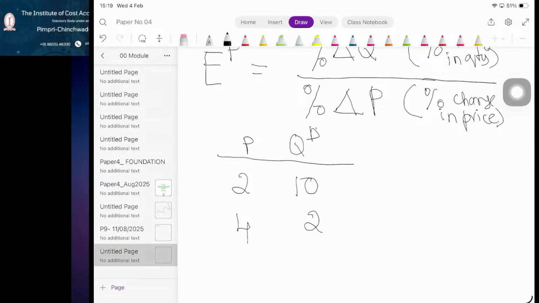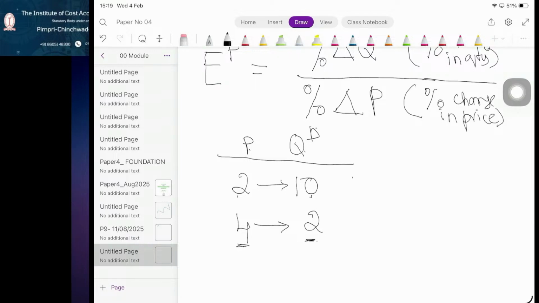So these are the demand points. At price 2, quantity demanded was 10. When the price increased to 4 rupees, quantity demanded has fallen to 2. Now our job is to calculate price elasticity of demand.